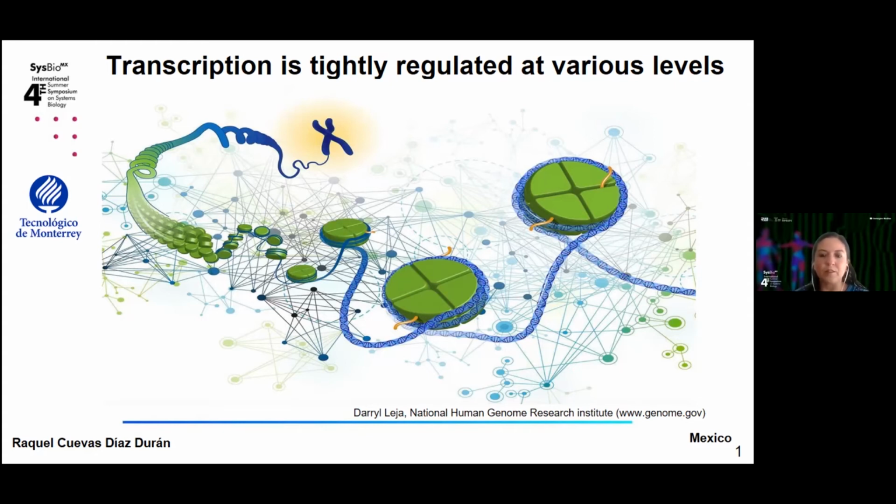These enhancers act as scaffolds, and they trap transcription factors and approximate them to promoter regions of genes that can be located far away from themselves. So this mechanism is also very important. All of these regulatory mechanisms act in combination to modify the transcription that is going on inside the cell.